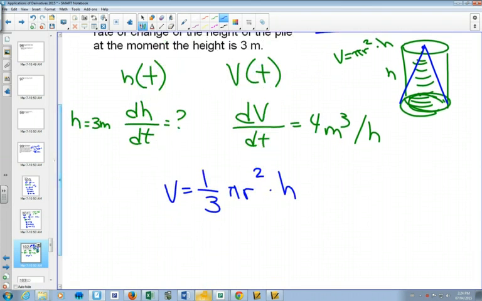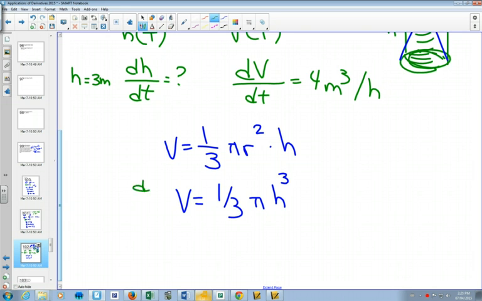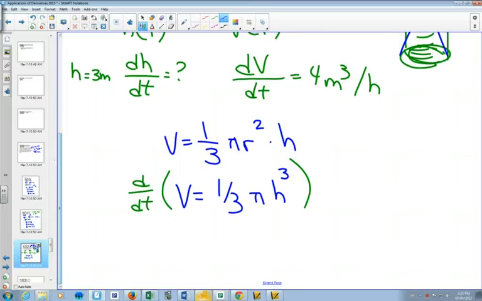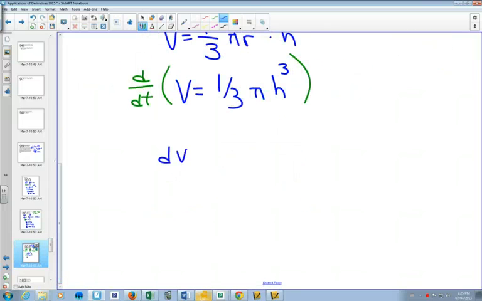So what that allows me to do is to take my volume formula, and instead of writing r, I can replace that with an h, and if I have h squared times h, I'll get h cubed. So now I've written an equation that just relates volume and height, and because of that, I can take the derivative with respect to time, bring the 3 out in front, which cancels out the 1/3.